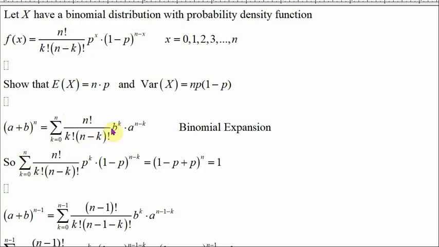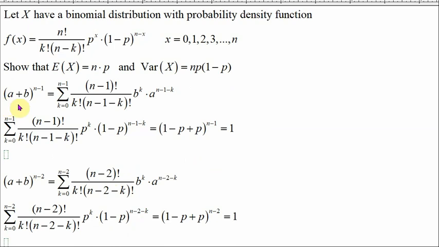Then here b will be p, and a will be 1 minus p. And therefore this sum is going to be a plus b to the n. And so here we have 1 minus p plus p, which is 1. 1 to the n is 1, and therefore this sum right here is equal to 1.